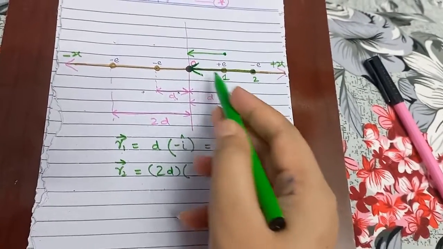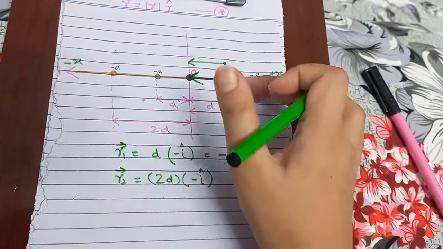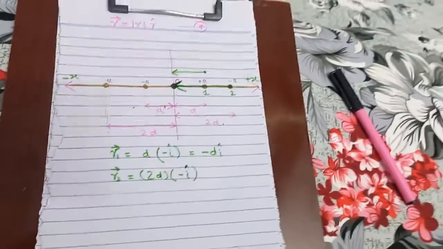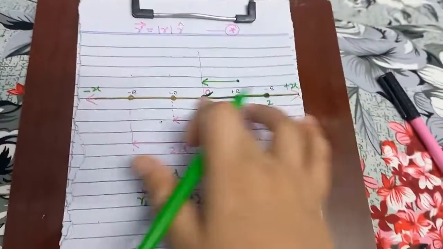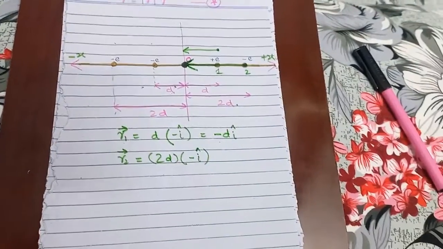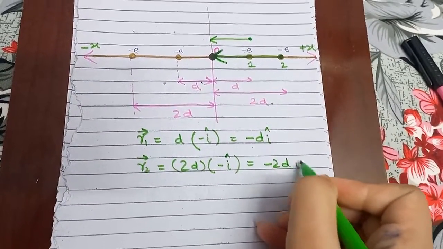And what is the unit vector? It's negative i hat, negative because it's pointing in the negative x direction, and a unit vector points in the direction of a vector, and it's in the negative direction, that is why negative i hat. So we got minus 2d i hat.